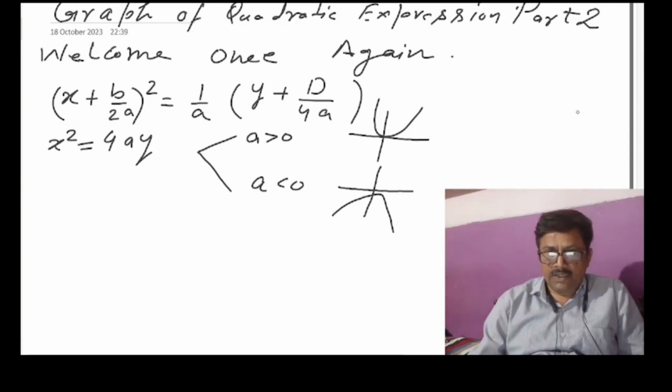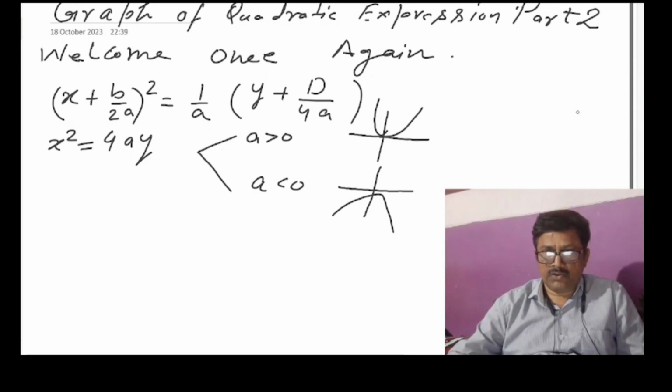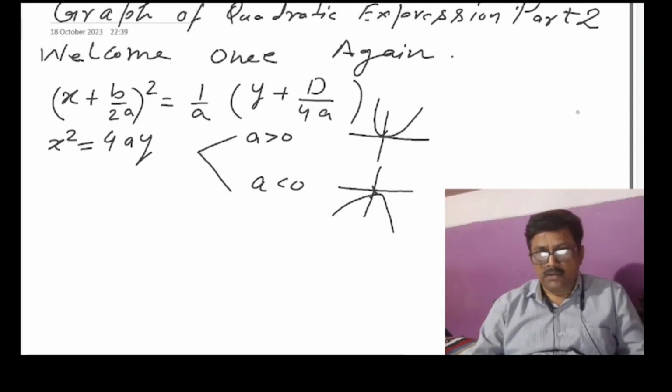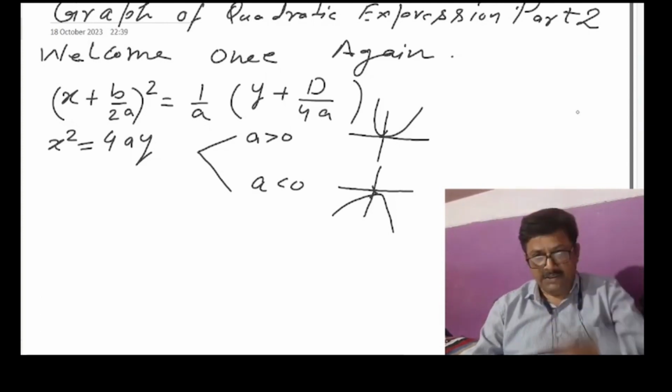Here one thing you can notice: in this equation of parabola, the vertex is (0, 0), the origin. But not in each parabola is the vertex the origin.